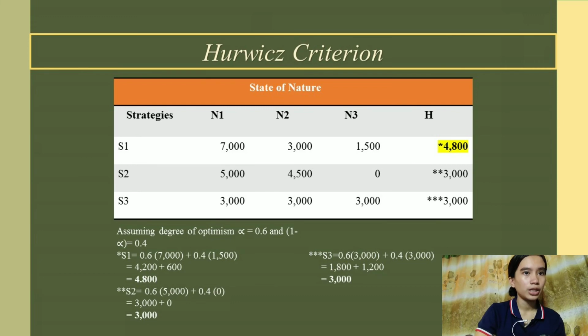Next is strategy 3, wherein we add 0.6 times 3,000, which is equal to 1,800, and 0.4 times 3,000, the minimum also, which is equal to 1,200, and 1,800 plus 1,200 is 3,000. So accordingly, we will choose the highest H, and this is strategy number 1 with 4,800.